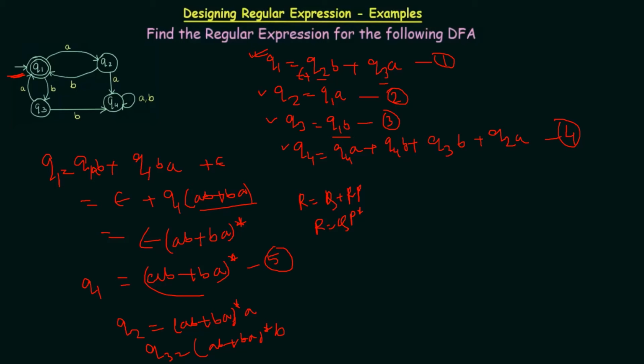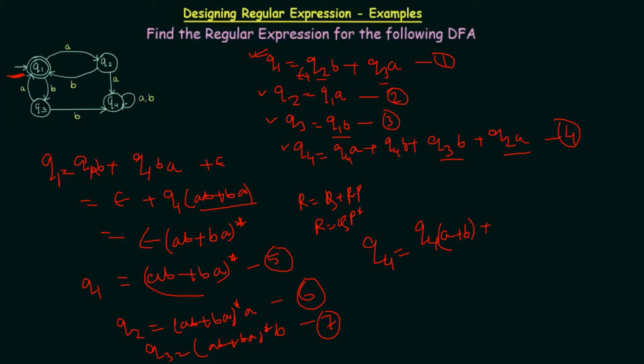The value of q4 equals, take q4 common, (a plus b), and this is going to be q3b and q2a.